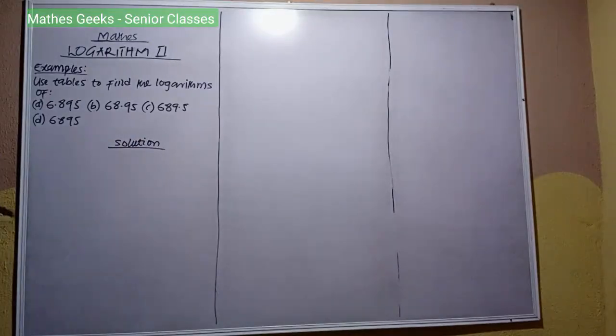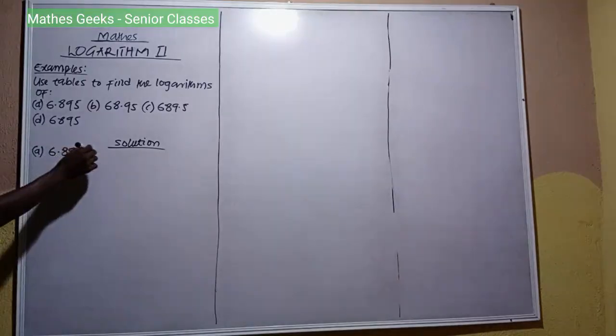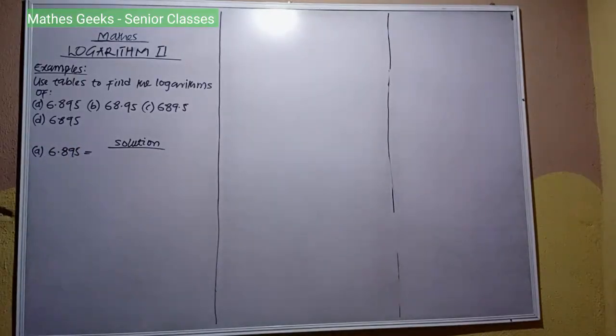We are to use tables to find the logarithms of the following. So A, 6.895. Remember that to get the logarithm of a number, we understand that the logarithm of a number has 2 parts: one is the integer or the characteristic, and the other is the mantissa, which is also the fractional, the decimal fractional part.